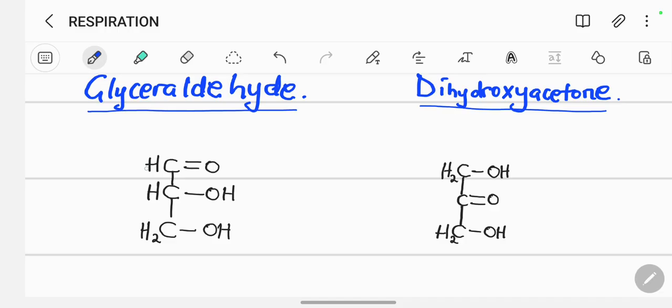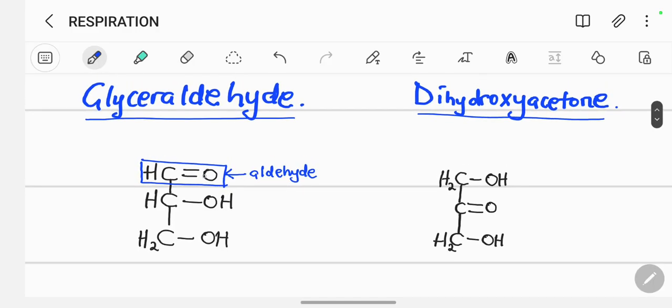We saw this in chemicals of life, and due to the presence of this, one qualifies to be an aldehyde. So this one's an aldehyde because of that functional group being at the terminal and having hydrogen here.